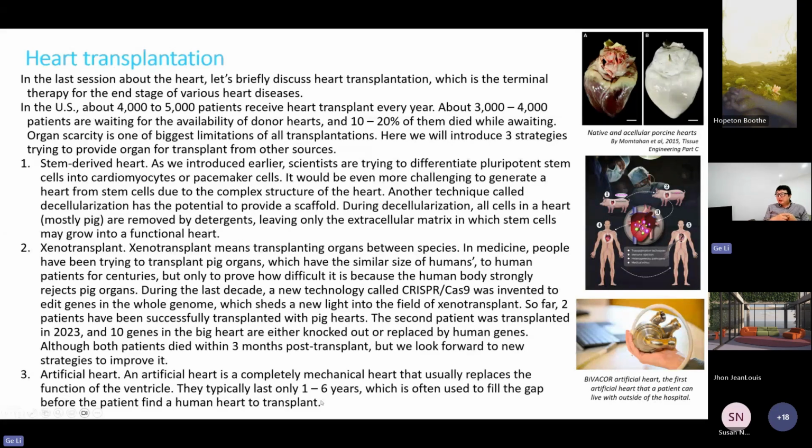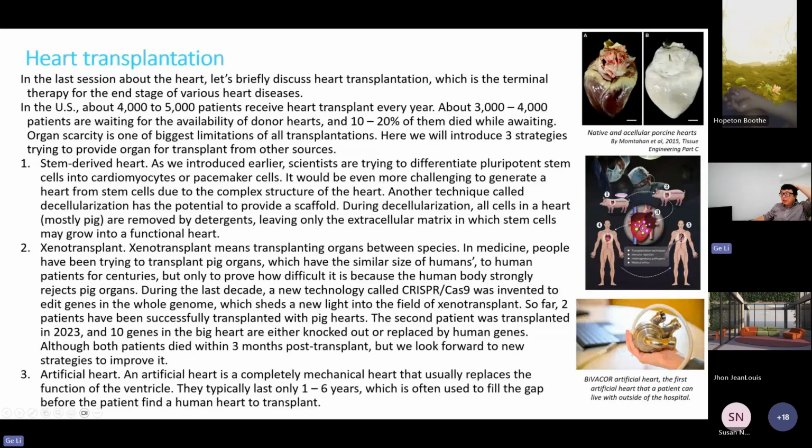It's amazing. With the old artificial heart, once people received it, they had to stay in the hospital the whole time. But with this new one, people can really go home with the artificial heart and wait for the real transplantation.